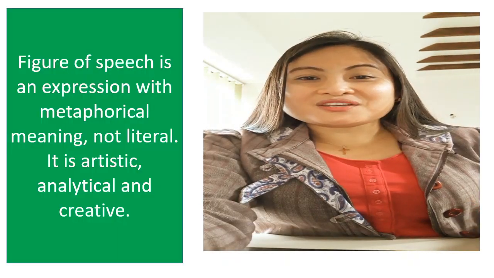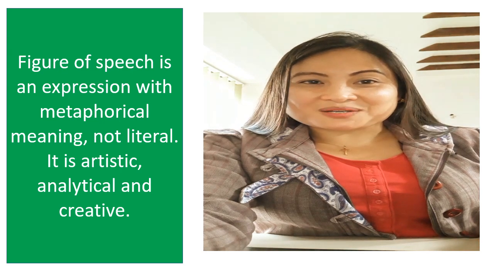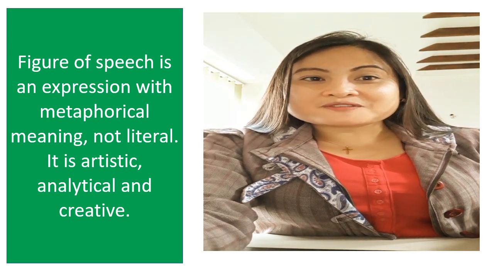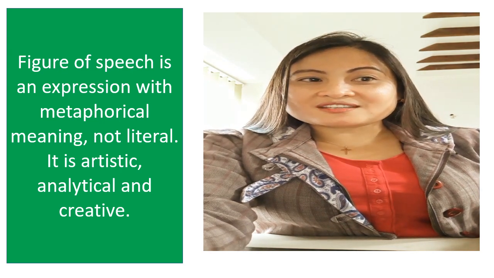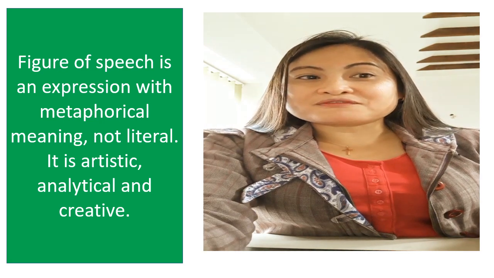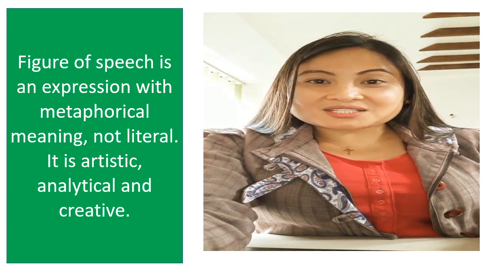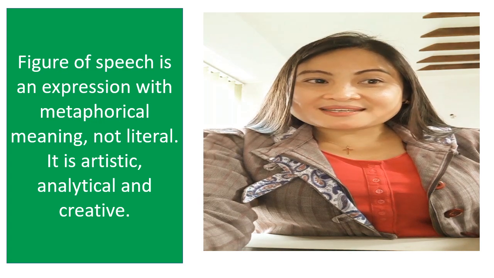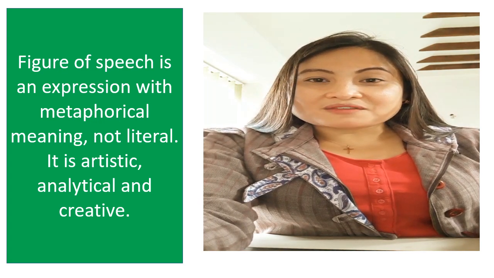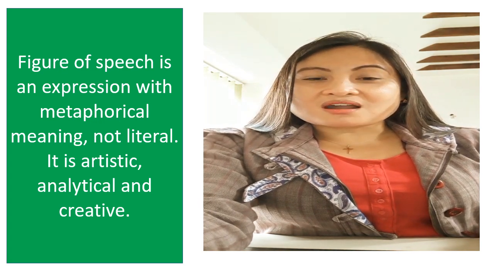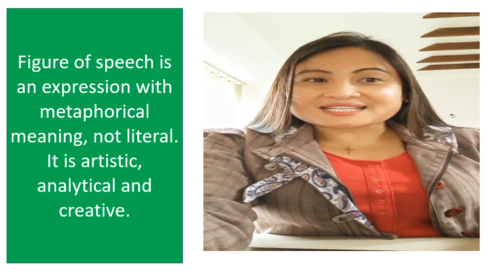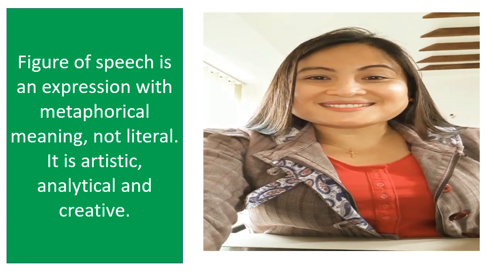What is figure of speech or figurative language? Figure of speech is an expression that is used with metaphorical meaning, not literal. Meaning, the sentences with a figurative language are artistic, analytical, and creative.